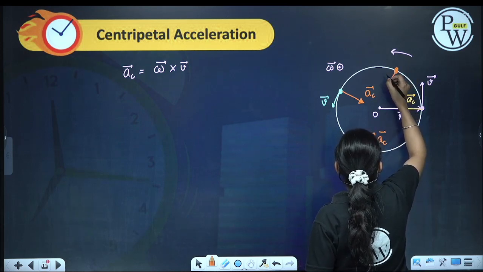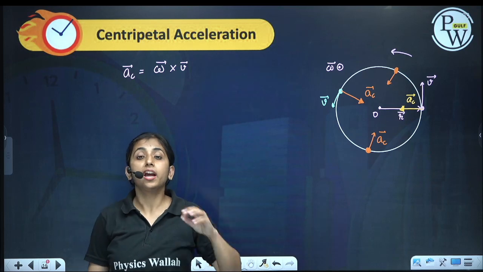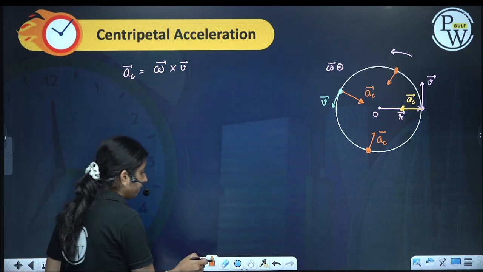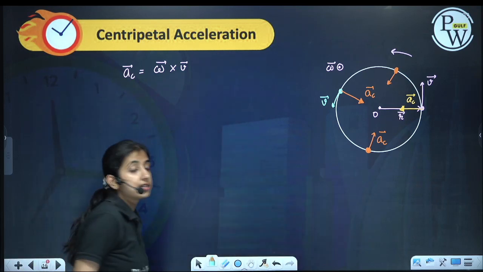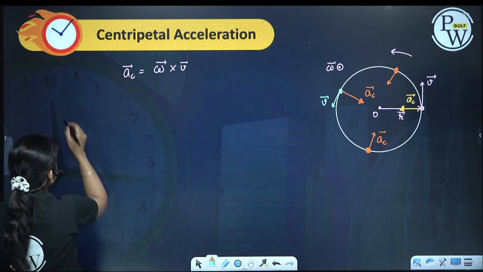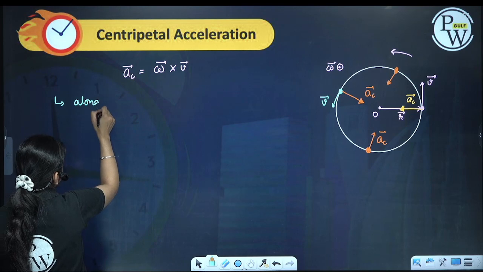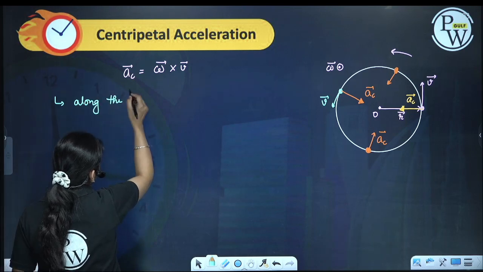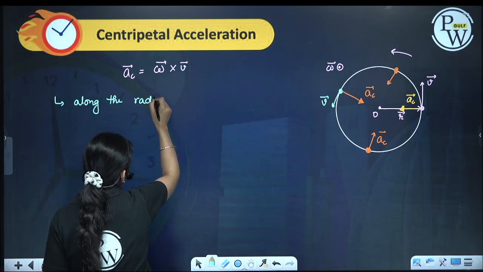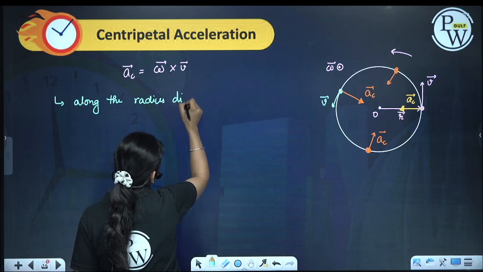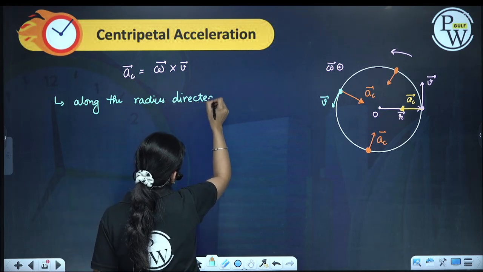So at every point on the circle, this omega cross V is along the radius, directed towards the center.